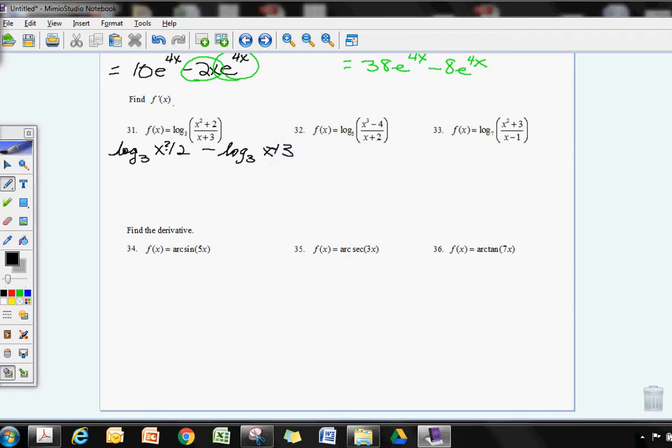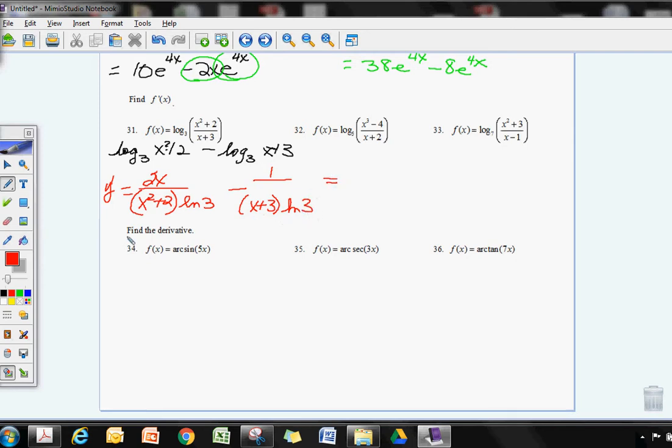So now it's just a matter of, for my derivative, following my rule, which would say derivative of the top, 2x, all over x squared plus 2, natural log of 3. Now, this is grouped together. That natural log of 3 would have to be multiplied by it. Subtract 1 over x plus 3, natural log of 3.